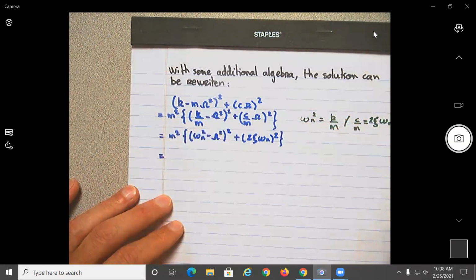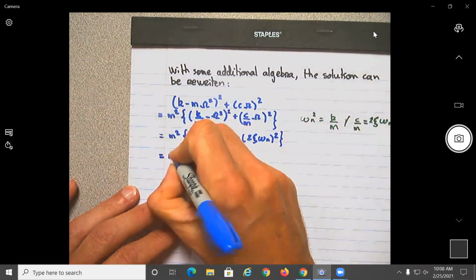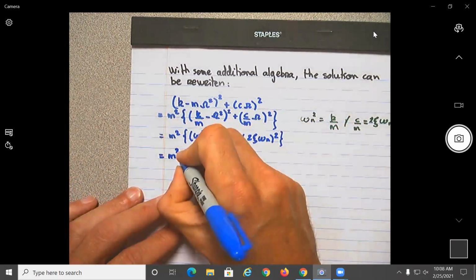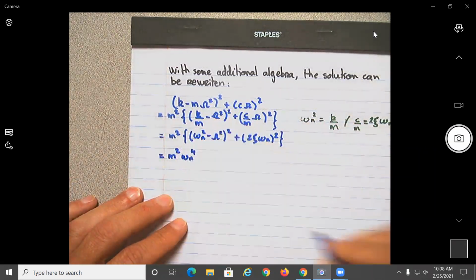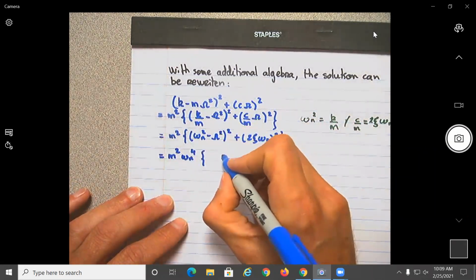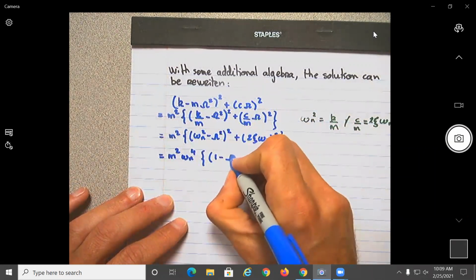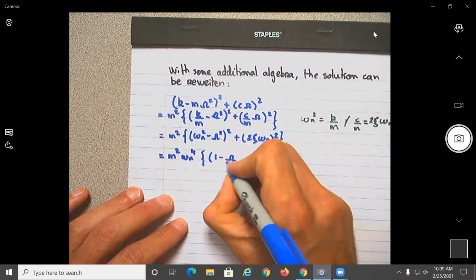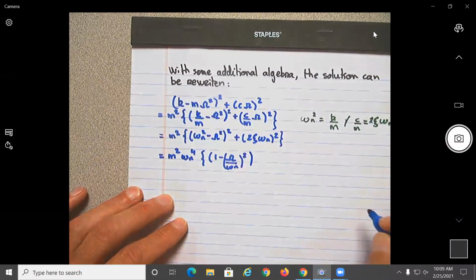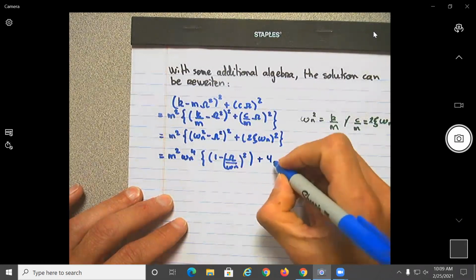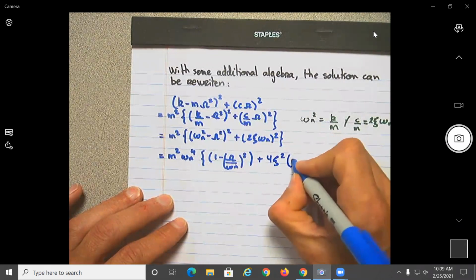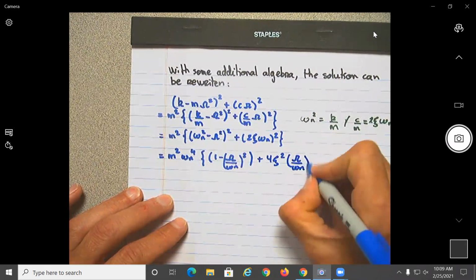All right, and finally, this is a bit not that obvious, but let's factor out by omega n to the fourth. It will give you 1 minus capital omega over omega n, squared, plus 4 xi squared capital omega over omega n, squared.